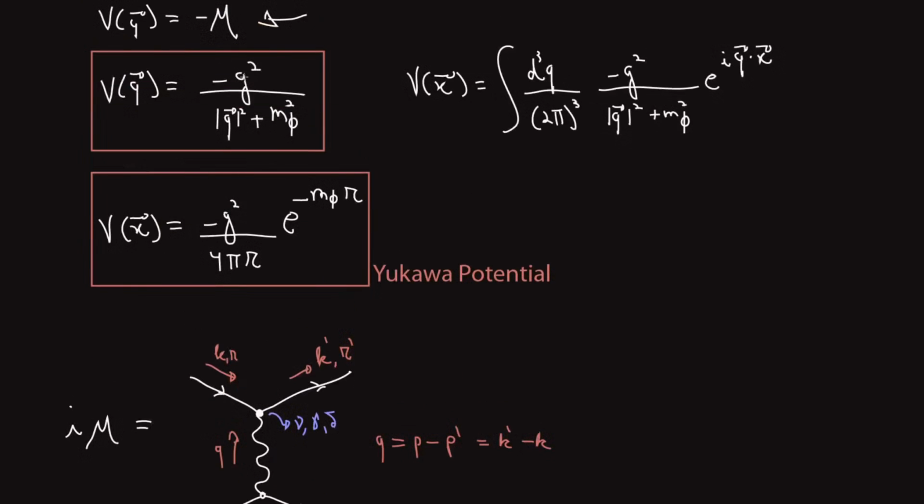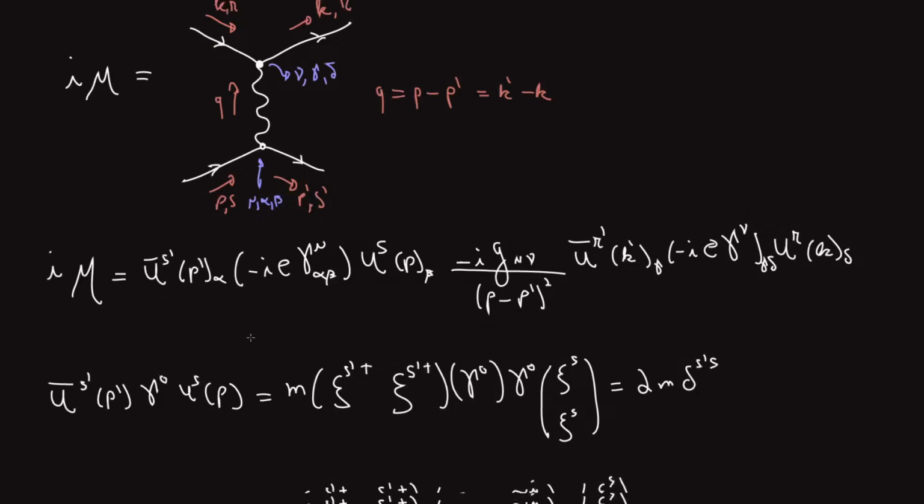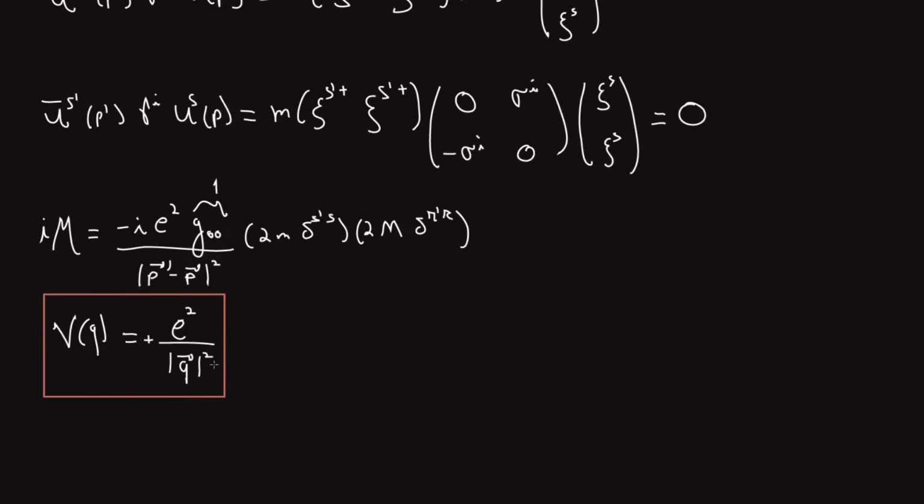The two differences are the coupling is e instead of g, but that's just a name I gave to the coupling, right? I have q squared here, but here I have this mass. In here, I don't have the mass, which is what we will expect because the particle you're exchanging now has 0 mass, right? And most importantly, the sign is the opposite, right?